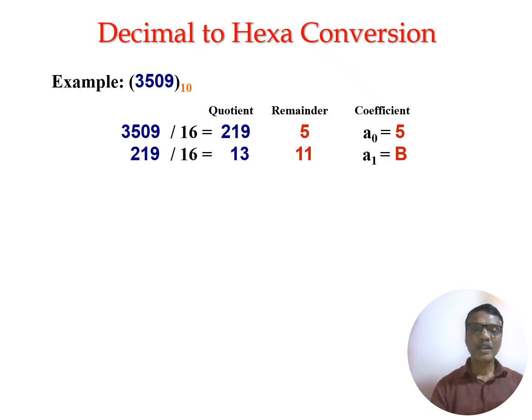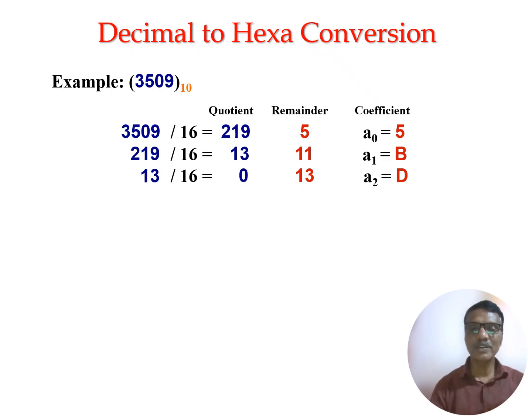Okay. Next, the quotient is 13. So 13 divided by 16. Here the quotient is 0 and the remainder is 13, and the value 13 is equal to D. D is its equivalent value.